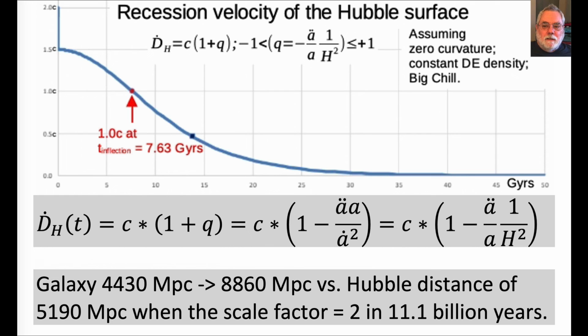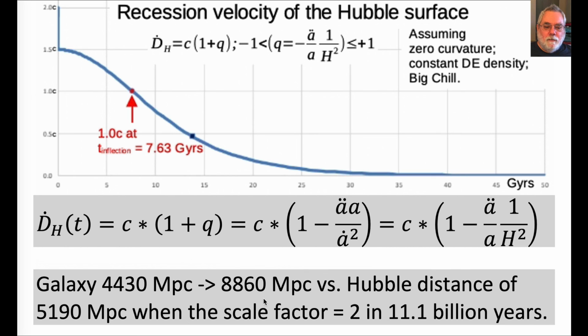Let's consider a galaxy that is exactly the Hubble distance away from us now, 4430 megaparsecs. The scale factor now is 1. The recession velocity is the speed of light. The scale factor will be 2 in 11.1 billion years.